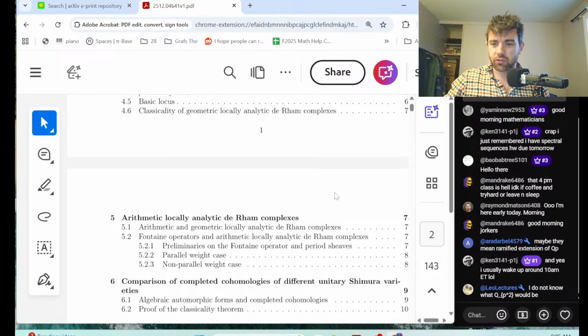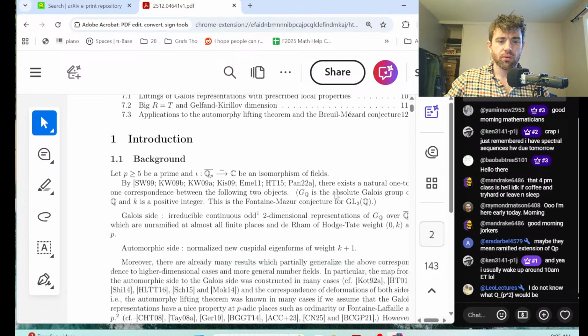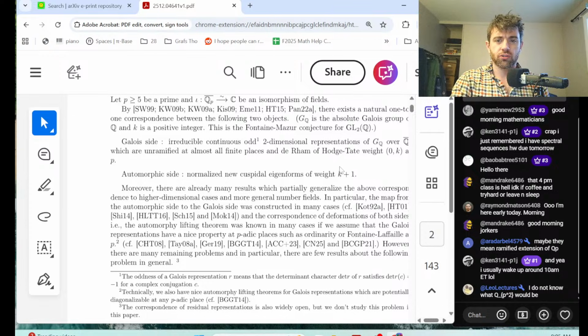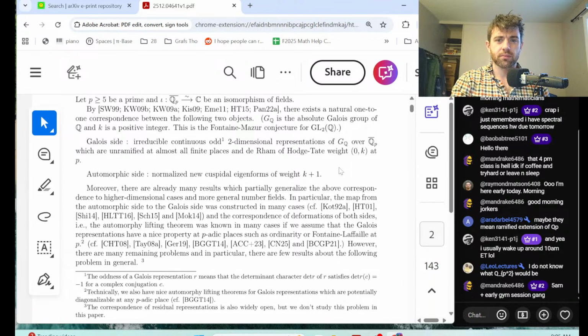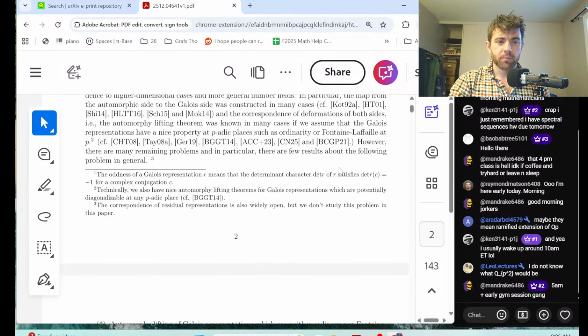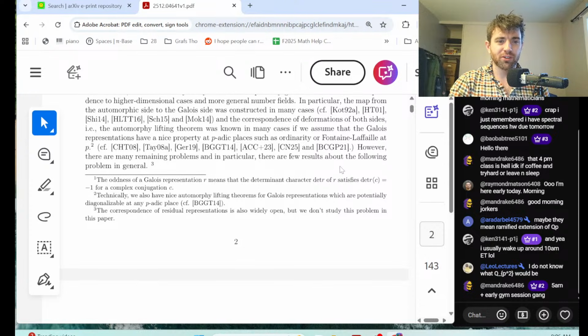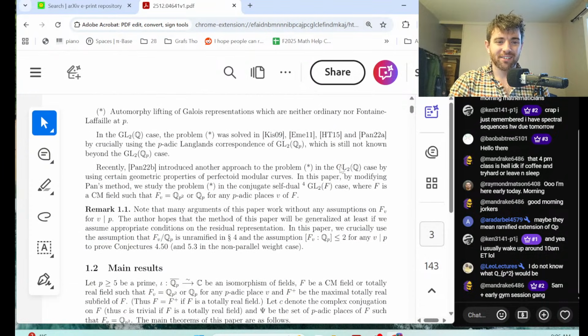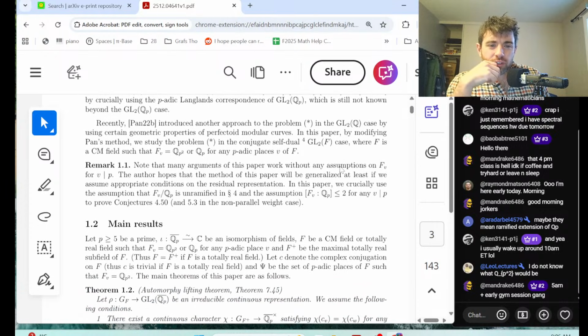Maybe they mean ramified extension of Q_p? I guess so. Let's see if the introduction will shed any light on this situation for us. There exists a natural one-to-one correspondence. Yeah. Oh wait, I saw a p squared. No, that's a p with a superscript 2. Okay. Recently, this person introduced another approach to the problem in the GL2 case by using certain geometric properties of perfectoid modular curves.